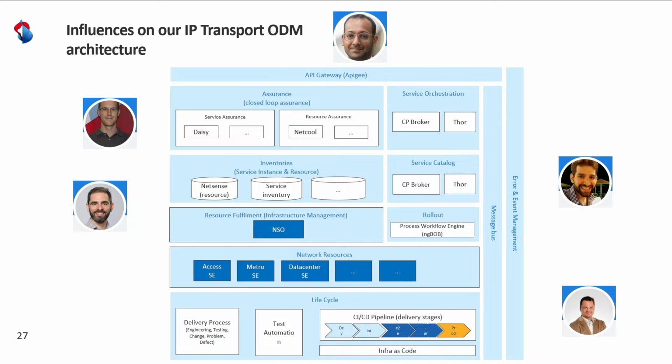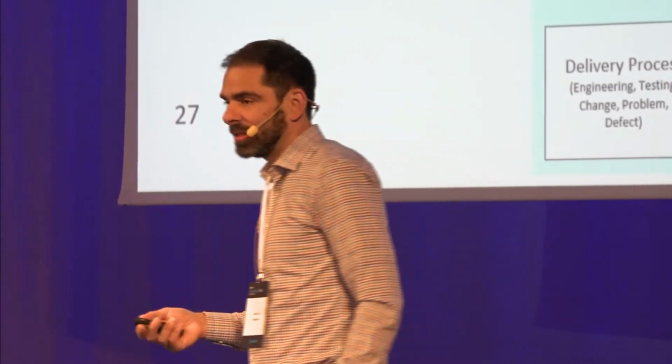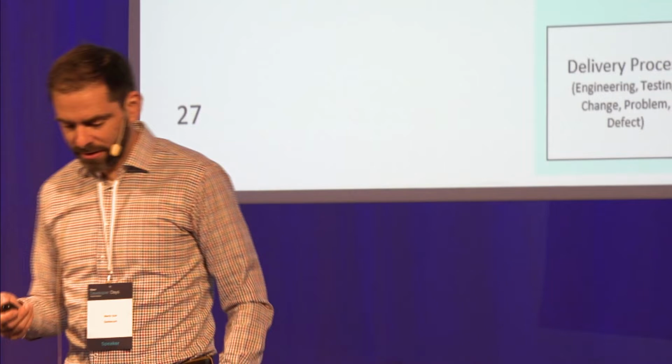A particular aspect of resource fulfillment is rollout, and I think it warrants a dedicated box in this diagram. And at the bottom, the heart is the life cycle, actually. Life cycle is really key. It governs the delivery process of a feature from engineering to testing to rolling it out in the live network.